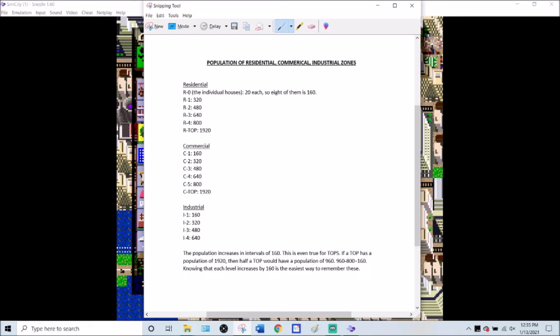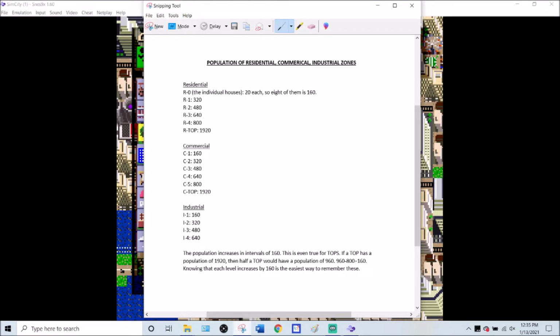This is even true when talking about tops. An R top has a population of 1,920. If you divide that by 2, which is talking about half a top, it will have a population of 960. I have a paragraph down here discussing this. The difference between half a top having a population of 960 and the stage before it, 800, the difference between those is 160.